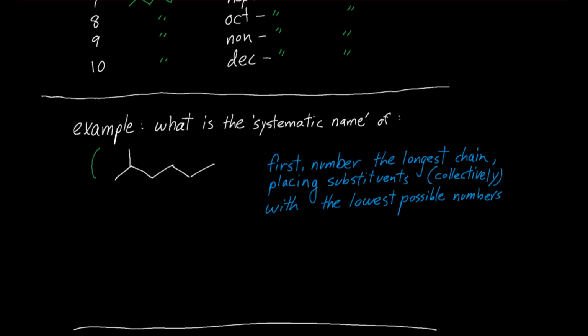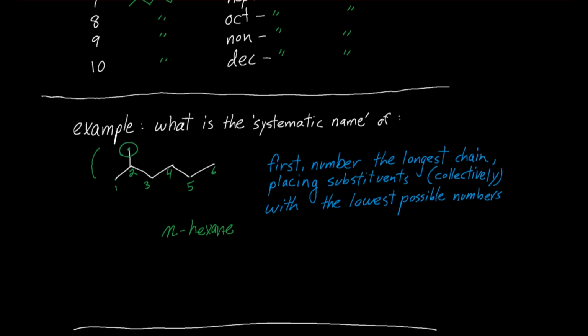The longest chain is going to be 1, 2, 3, 4, 5, 6 carbons. So I picked an easy example to begin with. It's going to be the parent chain. And so we're basically starting with an N-hexane with a methyl group attached to it.